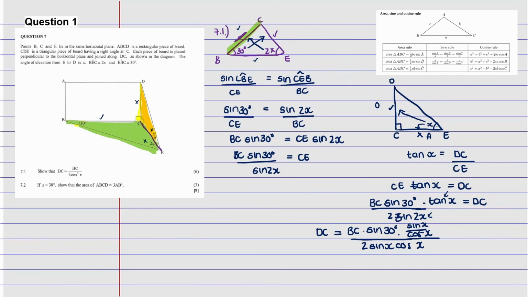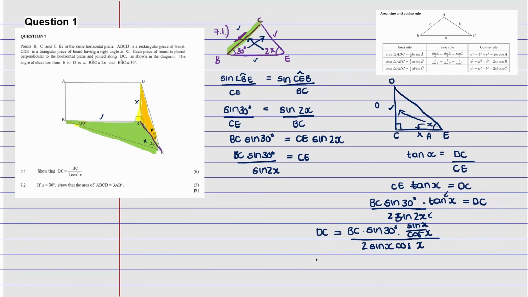So now we're going to have the following. I'm going to get rid of the numbers because sine 30 is a number and there's a 2. So if I say sine 30 degrees divided by 2, I'm going to get 1 over 4.